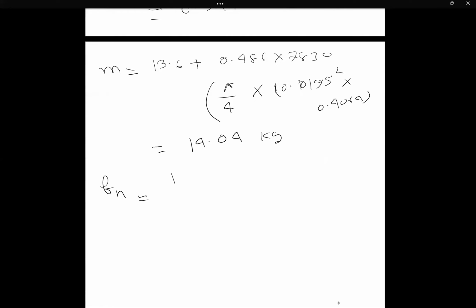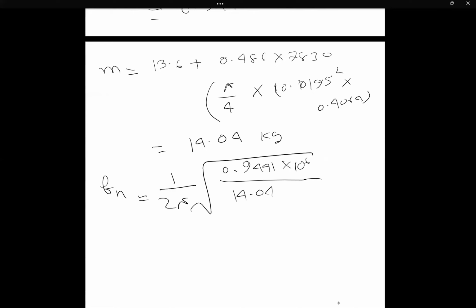So Fn would be 1 by twice pi root over K is 0.441 into 10 to the power 6, and M is 14.04. So our Fn is 41.27 Hertz.